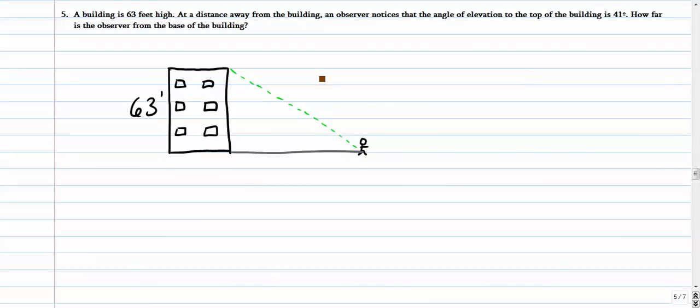This angle right in here is 41 degrees. Alright, that's an angle of elevation. And the question is, how far is the observer away from the building?